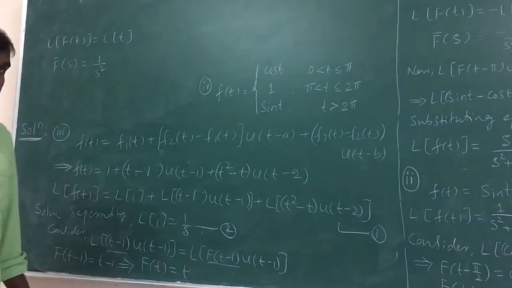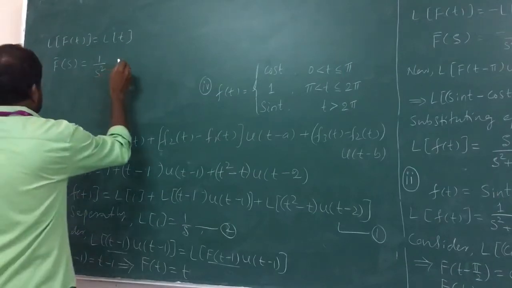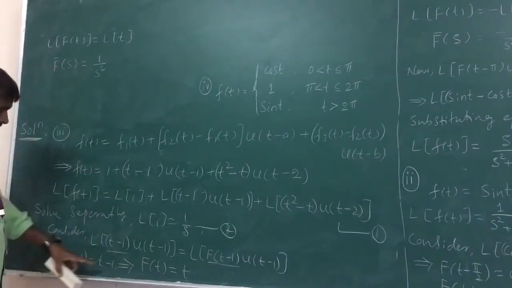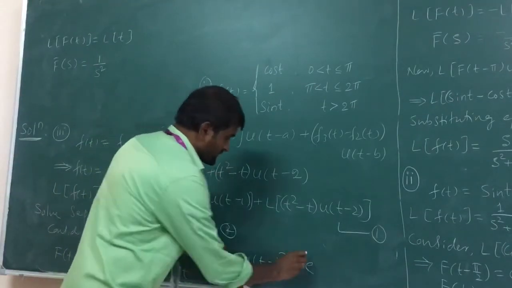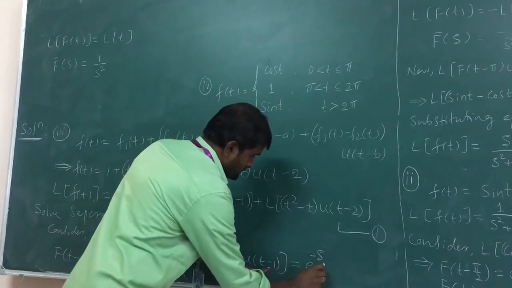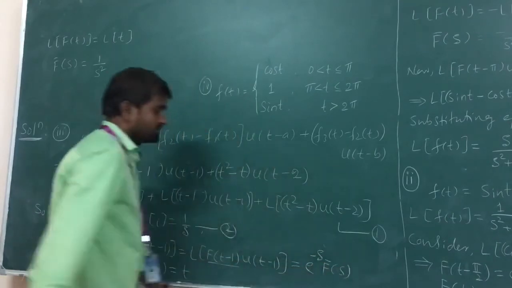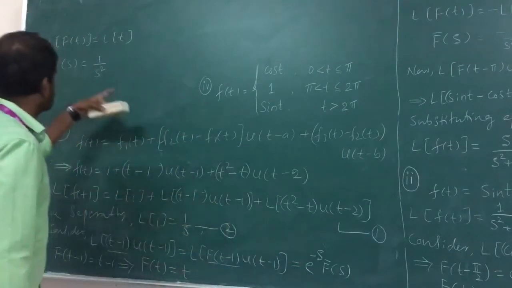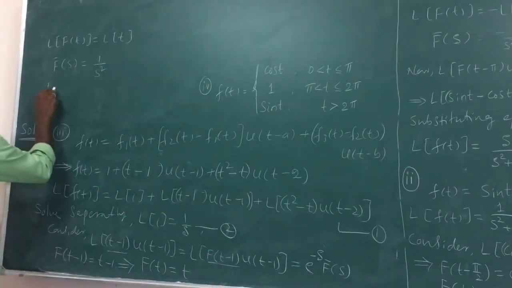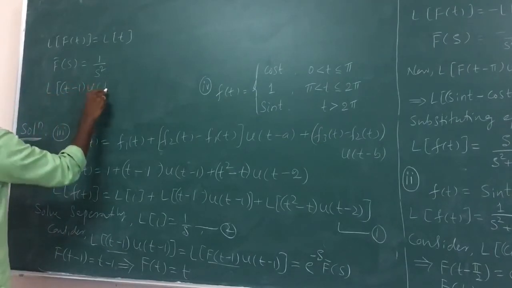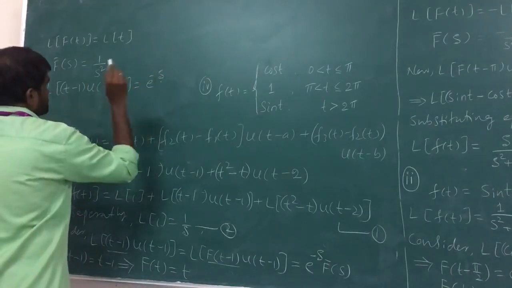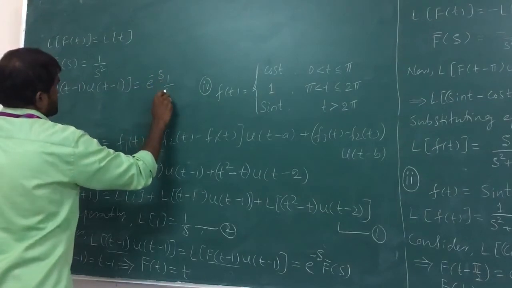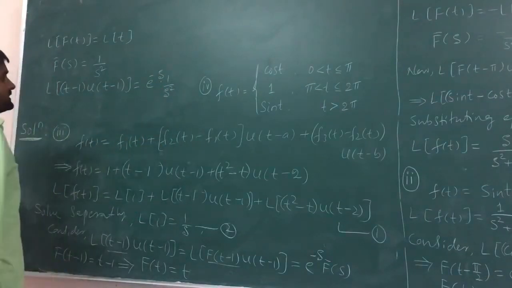Now L of t minus 1 into u of t minus 1 equals e raised to minus s into F bar of s, which is e raised to minus s into 1 by s square.